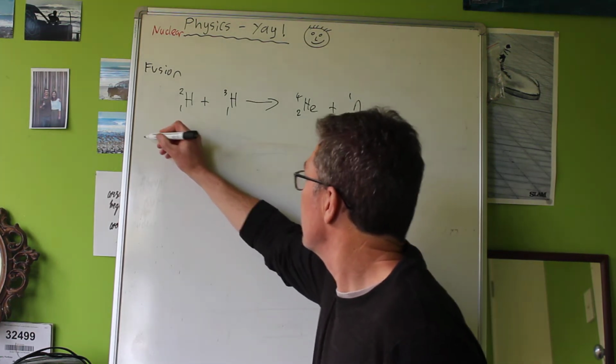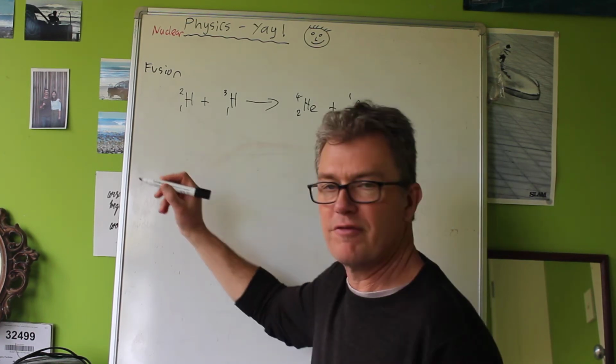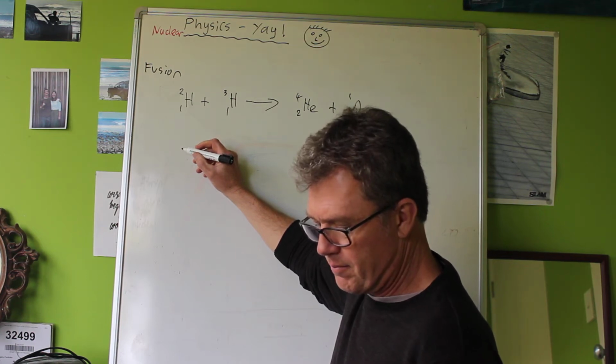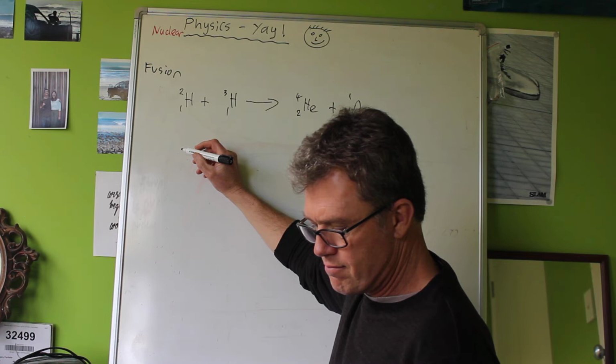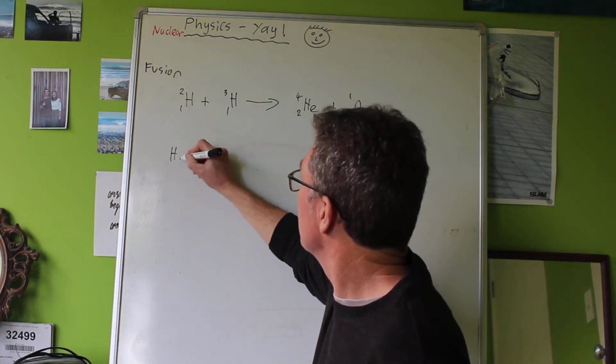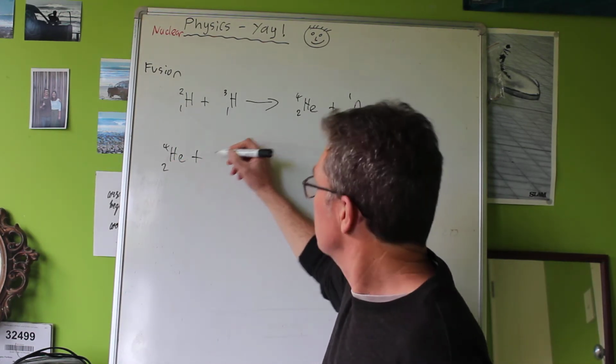Anyway, that's one example. A second example could be an alpha particle bombarding nitrogen. So helium 4, 2, that's an alpha particle.